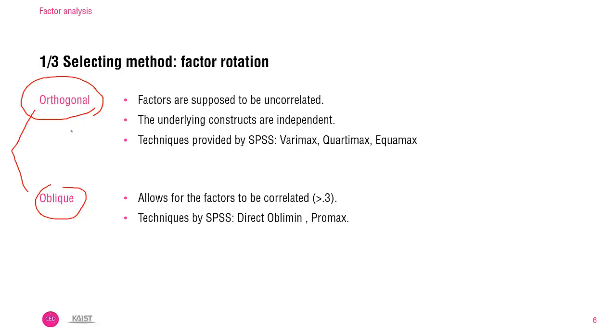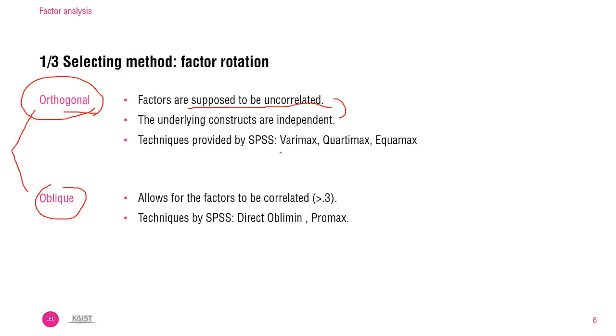So in that case, if you are aiming at displaying your variables in such a two-dimensional or three-dimensional space, you should take the orthogonal rotation technique. In orthogonal rotation, the factors are supposed to be uncorrelated, so they are independent from each other, and the underlying constructs are independent. Actually, they are saying the same thing.